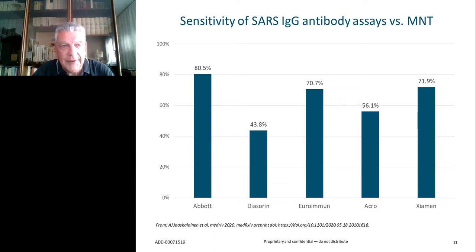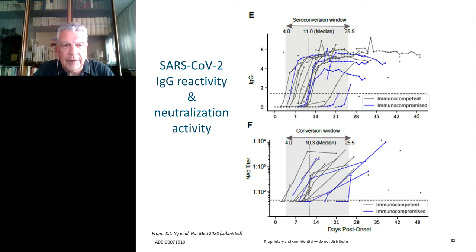But even more interesting, if you wish, is what we have seen in another experience that has been recently made available. This has been raised by a collaboration between the San Francisco University and Abbott R&D. On this cohort of patients, you see on the top part of the slide the seroconversion from different patients, immunocompetent and immune-compromised, with the time span between 4 and 26 days from the onset, and the median of 11 days.